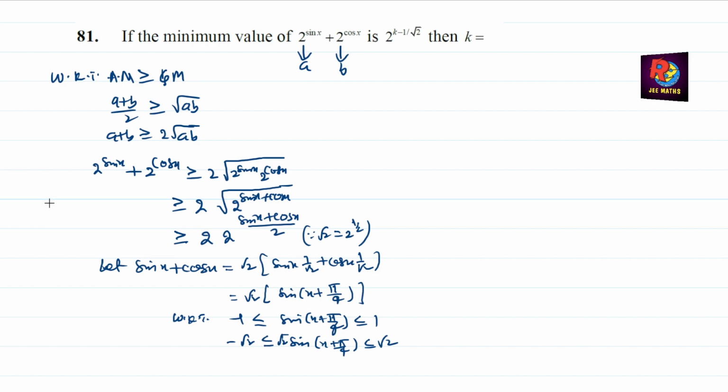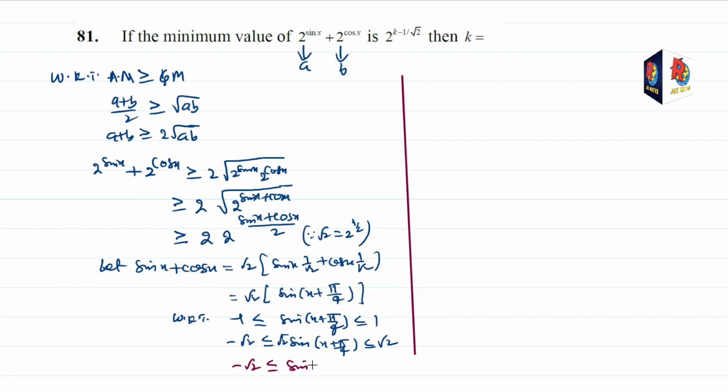This is nothing but sin x plus cos x only. So the minimum value of sin x plus cos x is minus root 2.